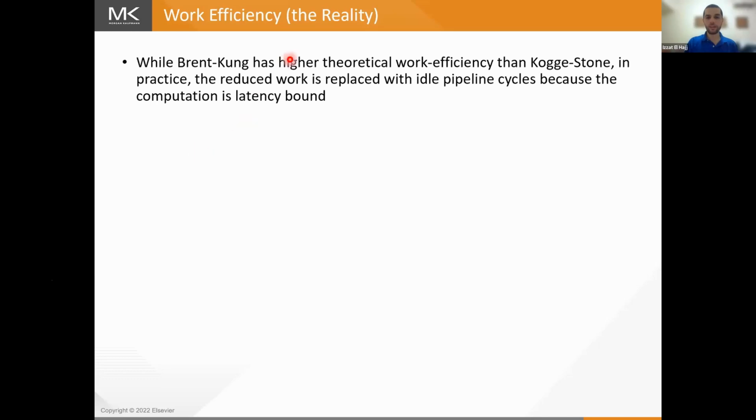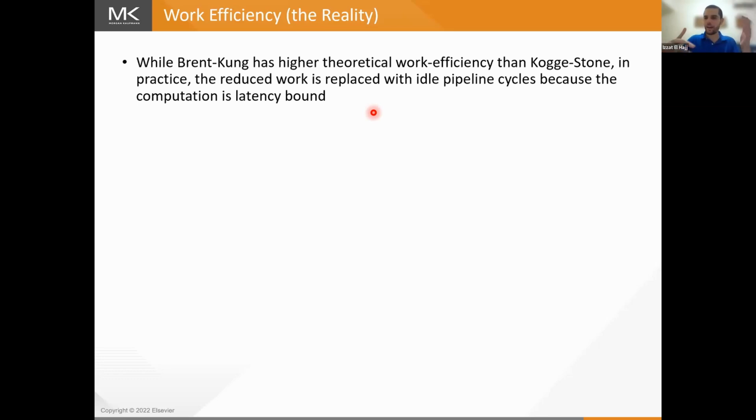So while the Brent-Kung has higher theoretical work efficiency, in practice, the work that we reduced, we're doing less work, but the warps that were doing that work are now just not doing anything.